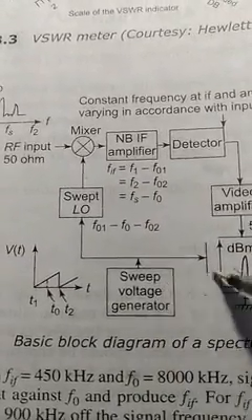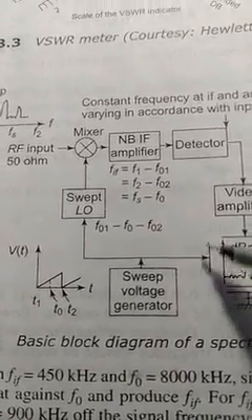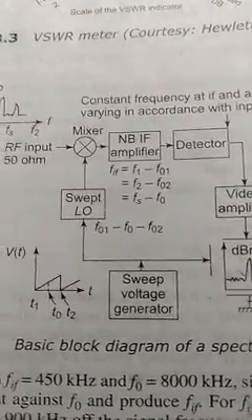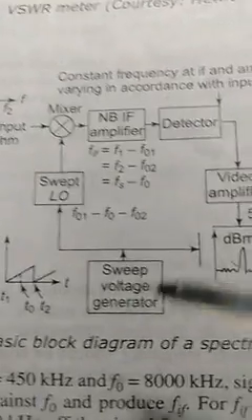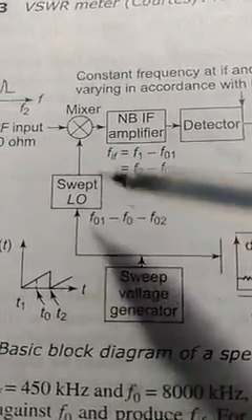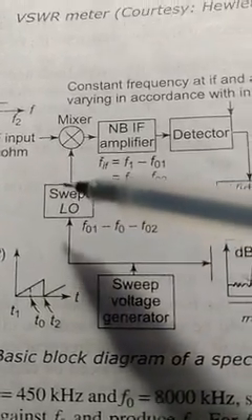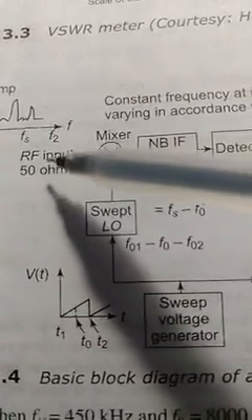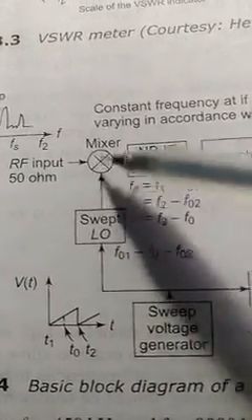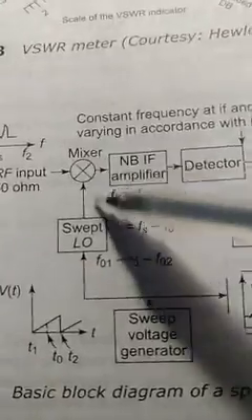The sweep voltage is given to control the spot movement horizontally, and we also give it to the sweep local oscillator. This local oscillator mixes with the input frequency, and then we get one IF.